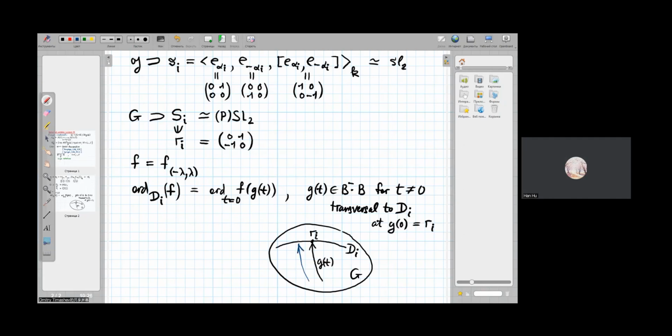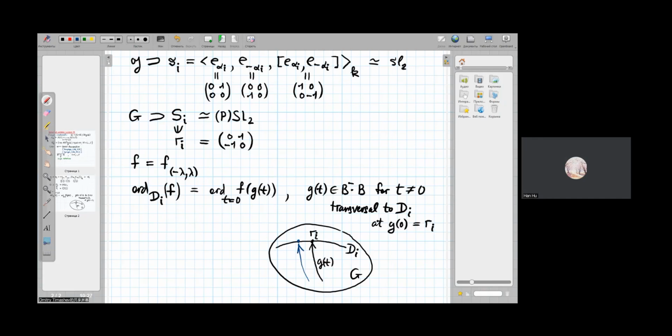So the vanishing order at a general curve transversal to this divisor will be the same. For this reason it suffices to compute the vanishing order on this particular curve. Okay.